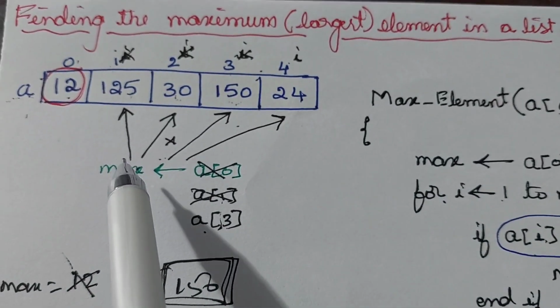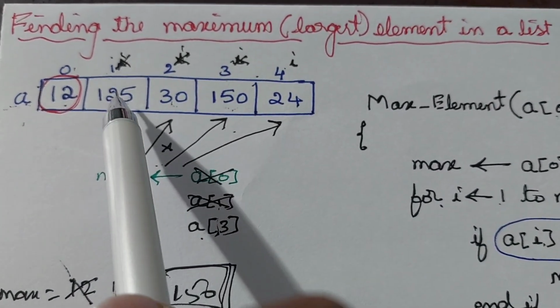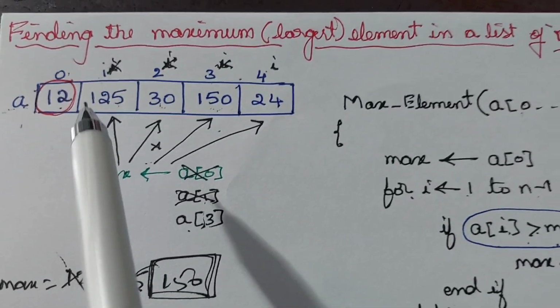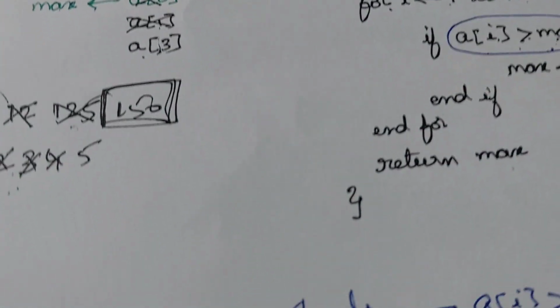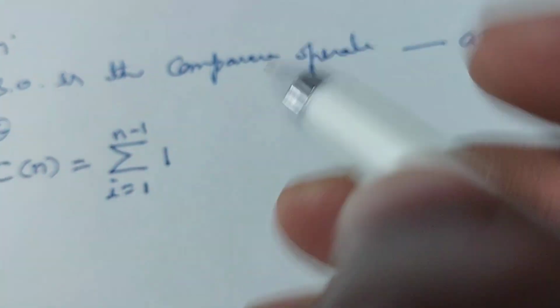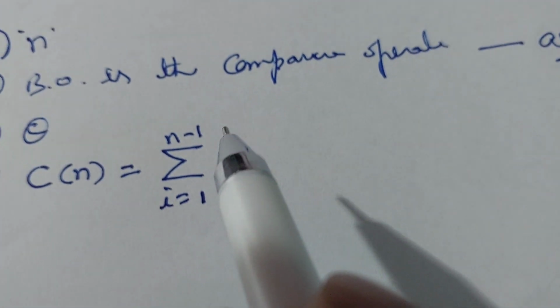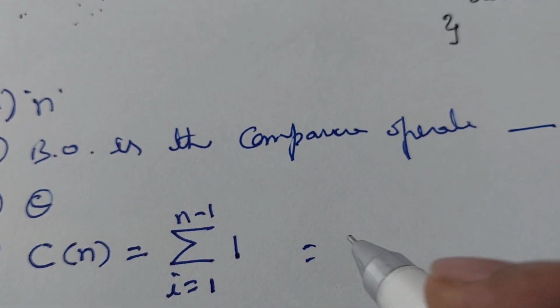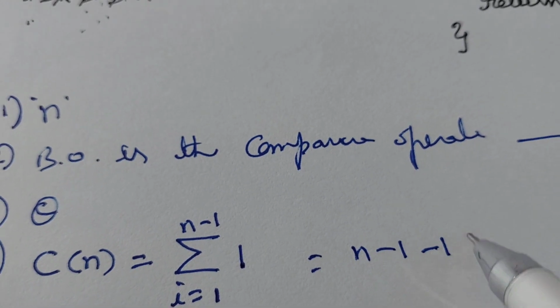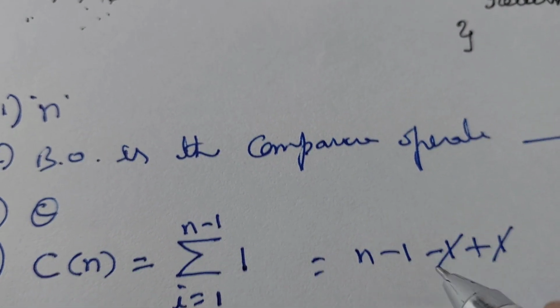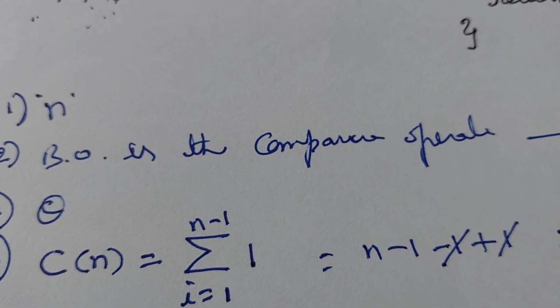At a time we compared the maximum with the array element only once. So I will write 1 here. We know this formula: upper limit minus lower limit plus 1. So plus 1 minus 1 get cancelled. I will get n minus 1.